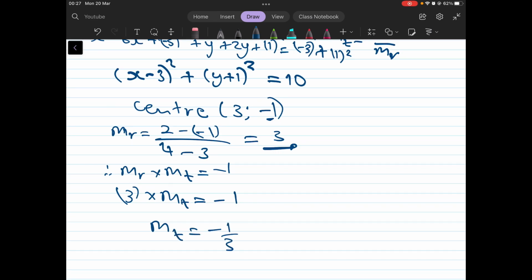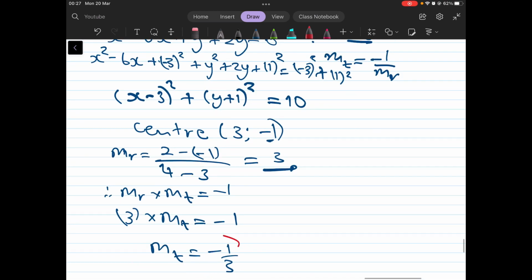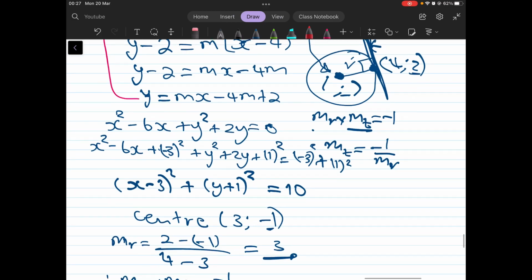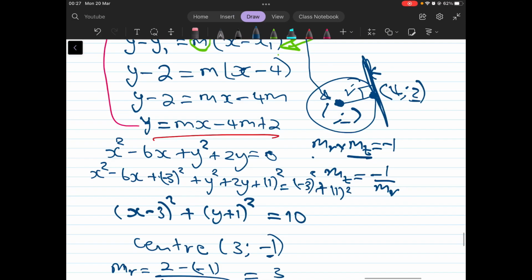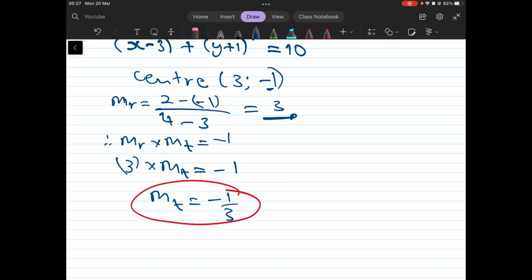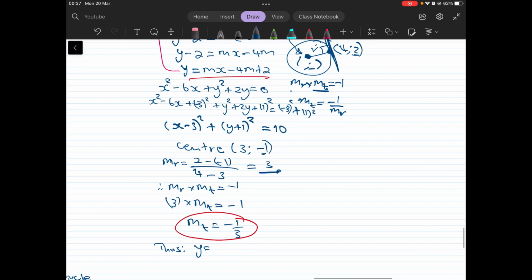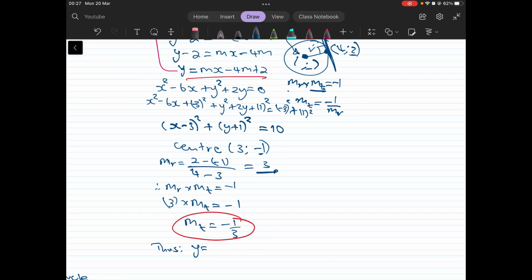So now that we know the gradient of the tangent, we just need to bring that gradient back to our equation here. We're going to substitute, saying y equals -1/3 times (x minus 4), let me zoom out a bit so that we can see.